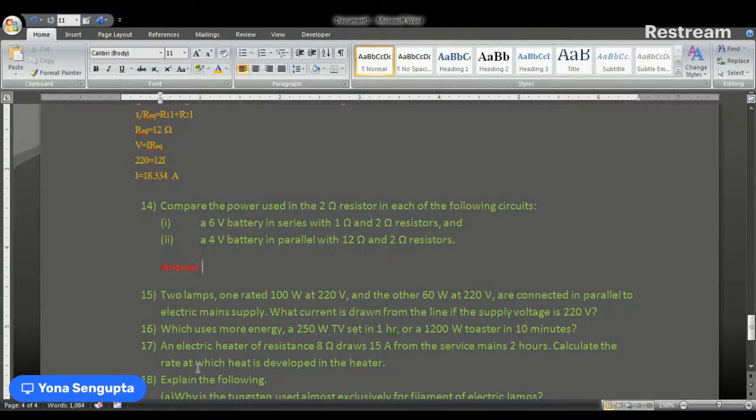First, a 6-volt battery in series with 1 ohm and 2 ohm resistors. And in the second one, we have to compare a 4-volt battery in parallel with 12 ohm and 2 ohm resistor. So what will be the answer?